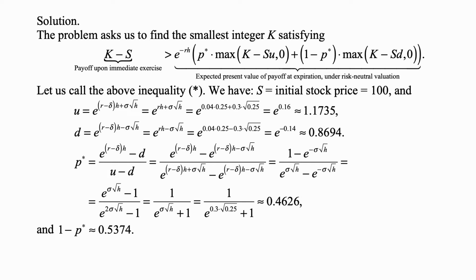P star, the probability of the up move, is e to the r minus delta h minus d over u minus d. This e to the r minus delta h is sort of a replacement for 1 plus the risk-free rate factor over the period of time of length h, but of course adjusted for the dividend yield, and the dividend is 0, so it's not terribly complicated.